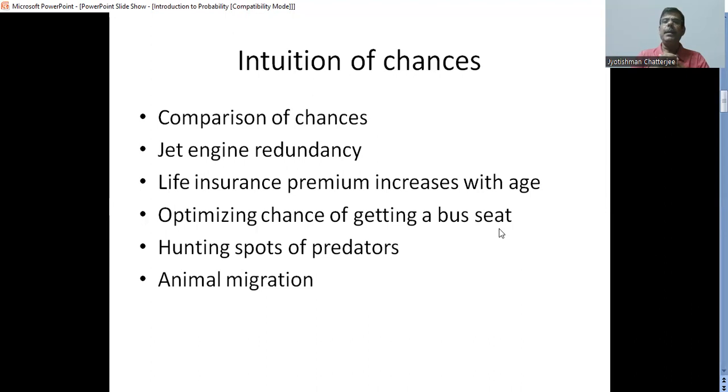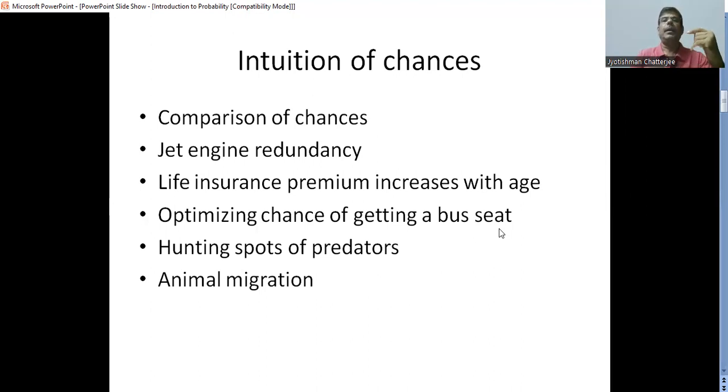Now, this kind of mental calculation without really doing any numerical calculation actually takes place throughout the animal kingdom. Say predators, lions, tigers, they try to optimize their chance of getting a prey or hunting by remaining at the places where the prey will be visiting with higher chance.